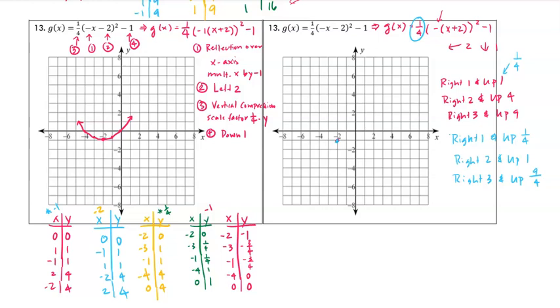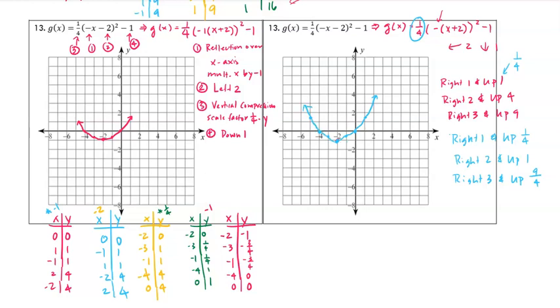Right 1 and up 1/4, left 1 and up 1/4, and then right 2 and up 1, and then left 2 and up 1, and right 3, and that's 2.25, left 3, and up 2.25, right there. There we go.